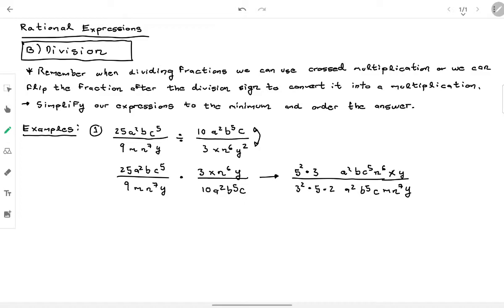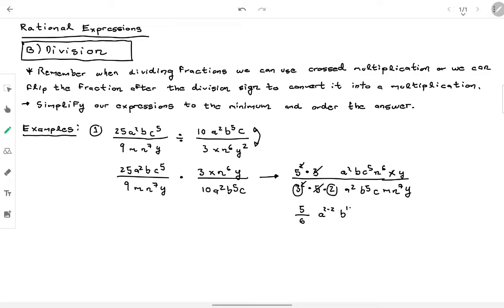Maybe we can do it by mind because it's the first example, but I will do it step by step. So 5 squared with this 5, this 3 with this squared. So it's going to be 5 divided by 3 times 2, that is 6. This 3 multiplied by this 2 is 6. And it's going to be a, 2 minus 2.